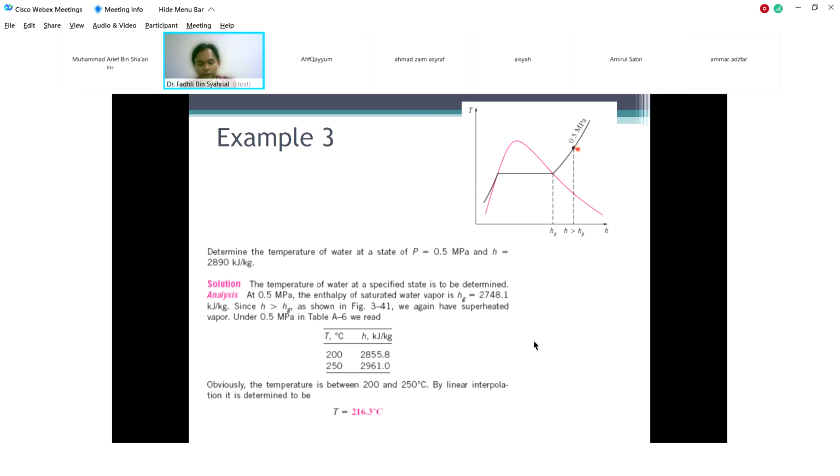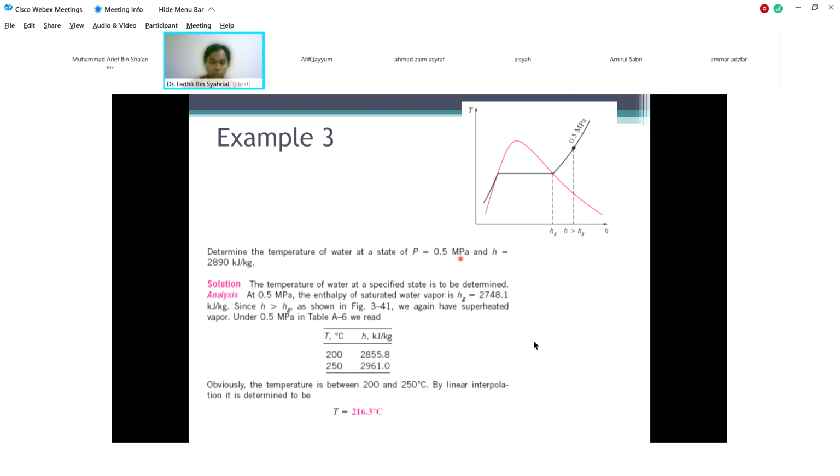So we know that the phase is superheated vapor. Look at table A6. The given pressure is 0.5 megapascal, so find the 0.5 megapascal column, the small column.